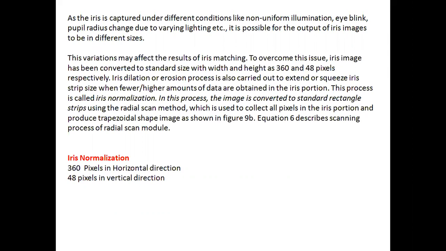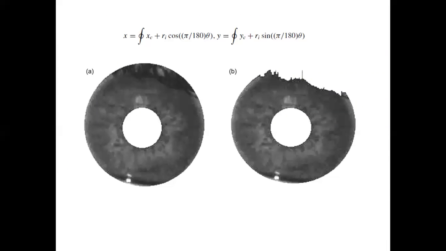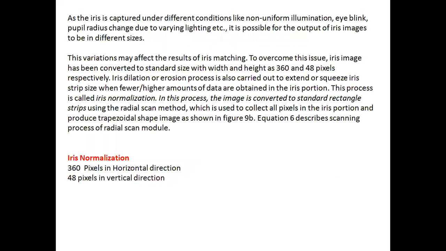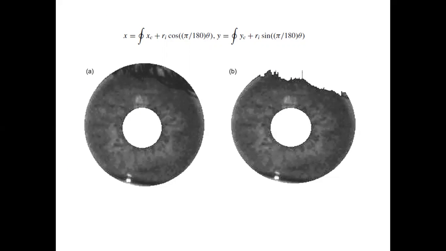We need a standard size for our processing. For that, the round iris is going to be converted to a standard size. That standard size we are using in this algorithm is 360 in the horizontal direction, 48 pixels in the vertical direction.